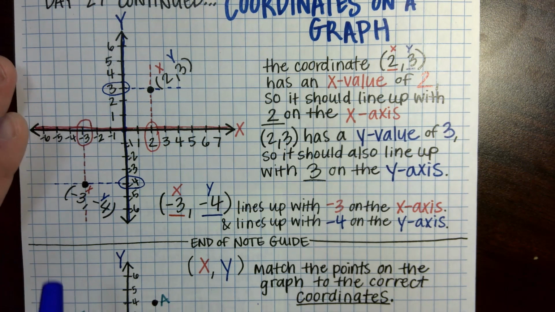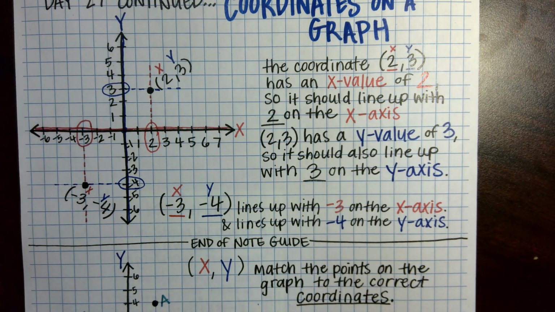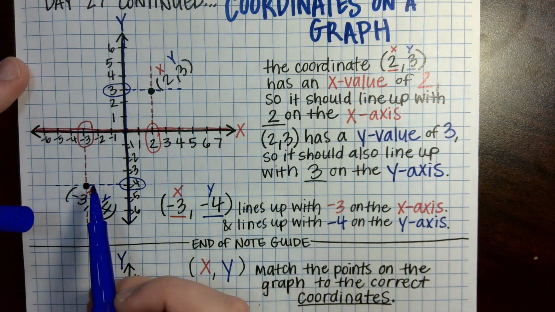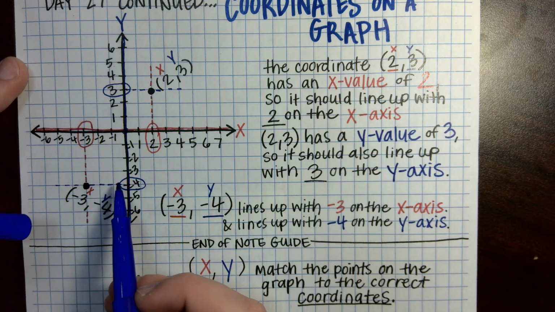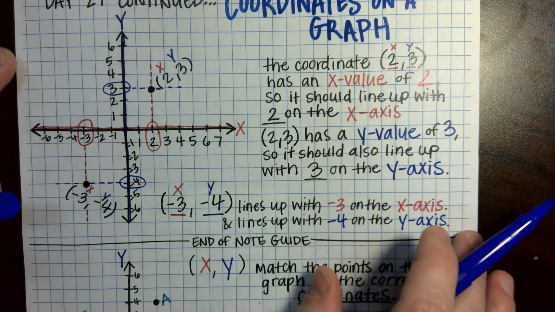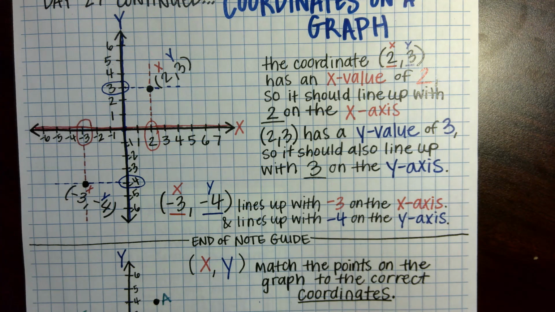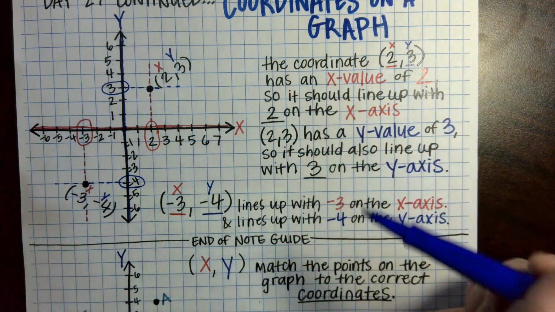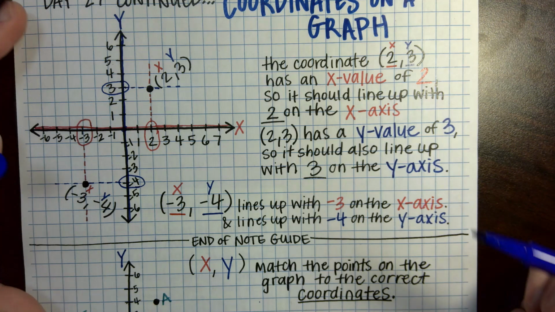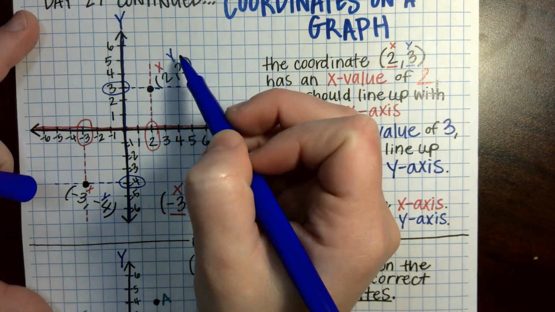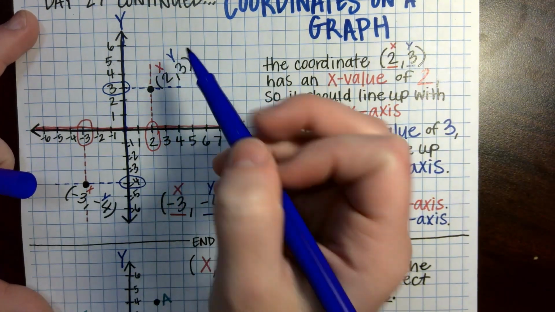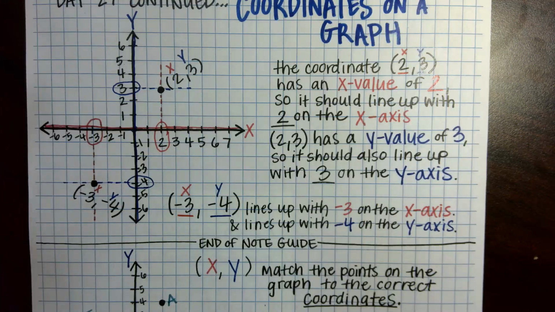And then what's our y value? -4. So our coordinate will also line up with -4 on the y-axis. Not too difficult. It's just remembering which number goes where. Anytime that I'm graphing coordinates or anything like that, I always start by labeling my x and y. And we'll get into a really good habit of that the more we work with these.